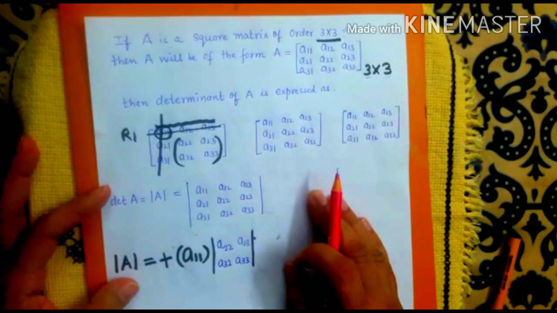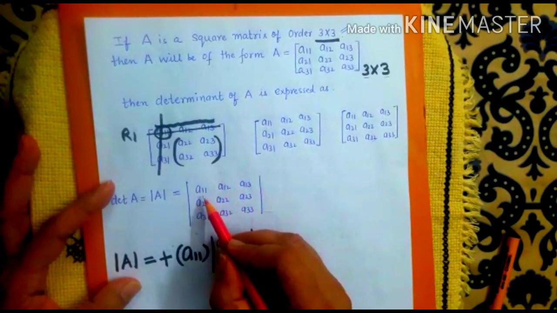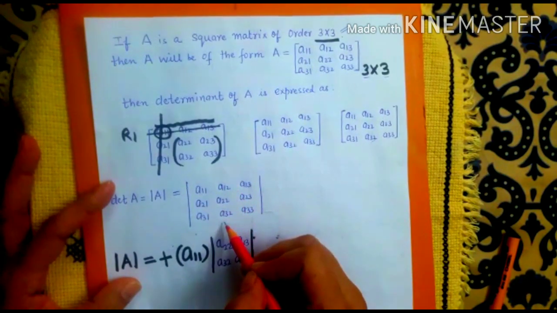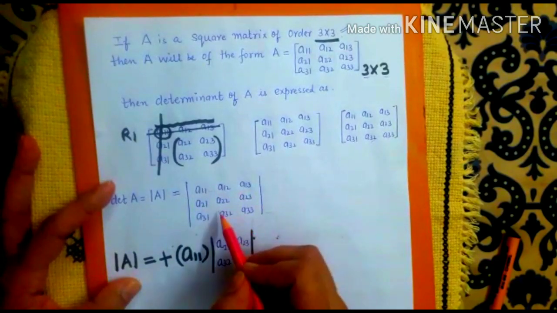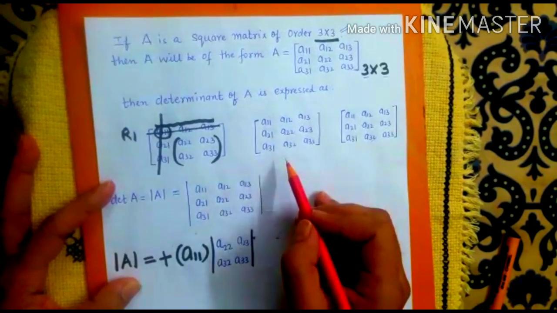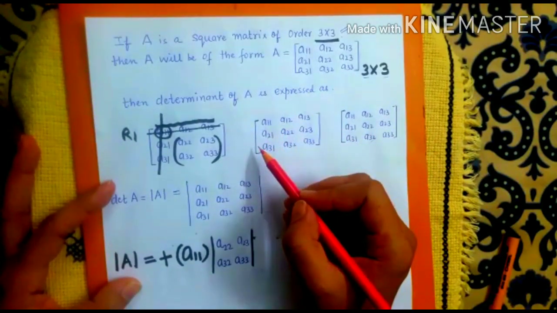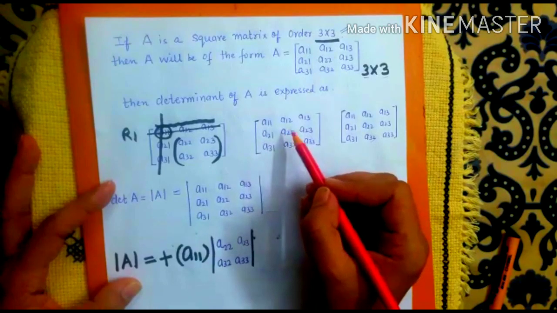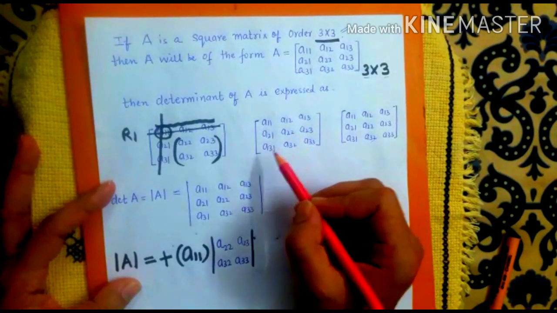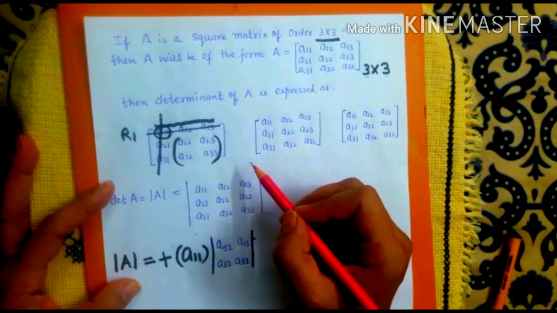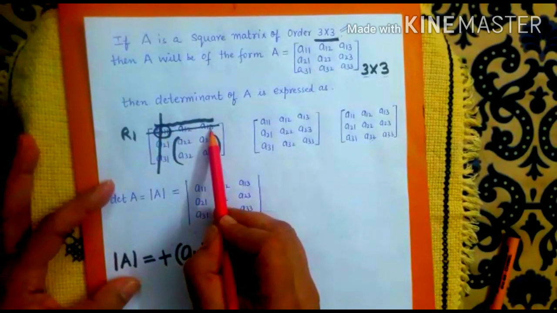First, we will decide along which row or column we want to expand this determinant. There are 3 rows and 3 columns in this matrix, so I can expand this determinant along any row or any column. Suppose I decide to expand this determinant along the first row, that is this row.